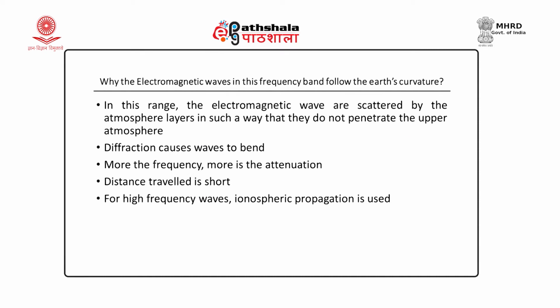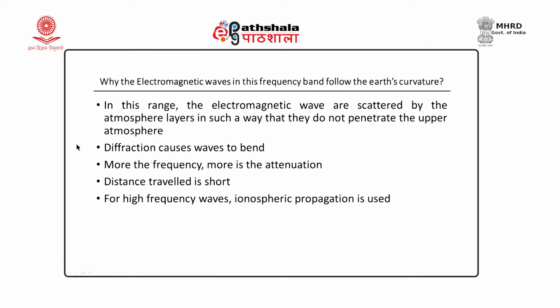The second reason is that, as I just told, in this range the electromagnetic waves are scattered by the atmospheric layers in such a way that they do not penetrate the upper atmosphere. The third phenomenon which causes them to bend is diffraction. Diffraction is a physical phenomenon due to which the waves bend about an obstacle.